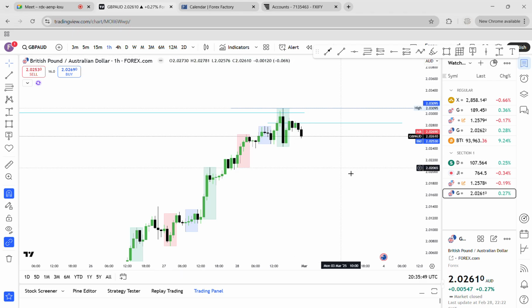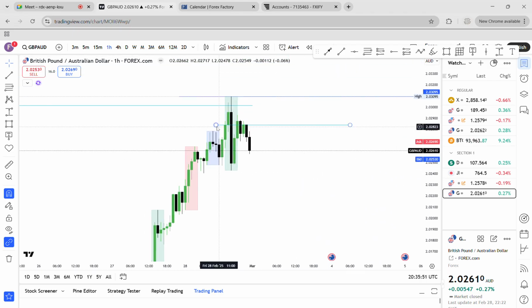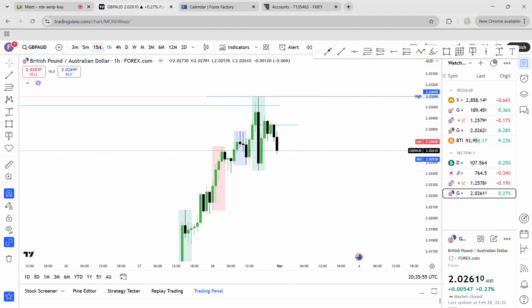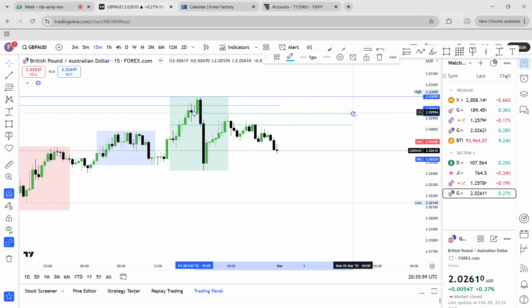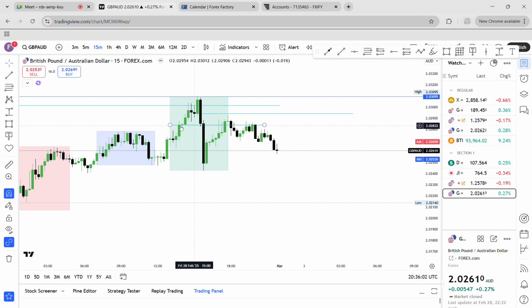From the 1 hour, what can you see right here? We have this area that price has mitigated, and in the 15 minutes we also have an area right here that price hasn't mitigated.